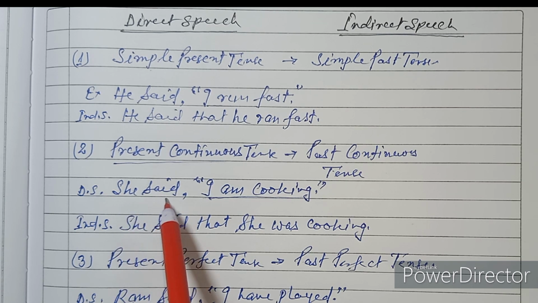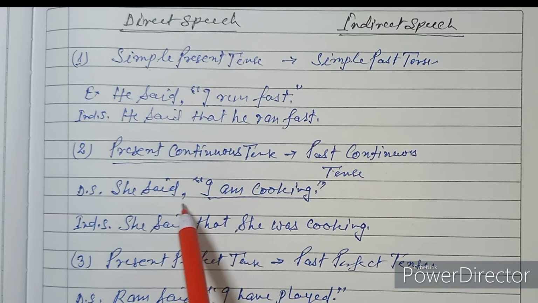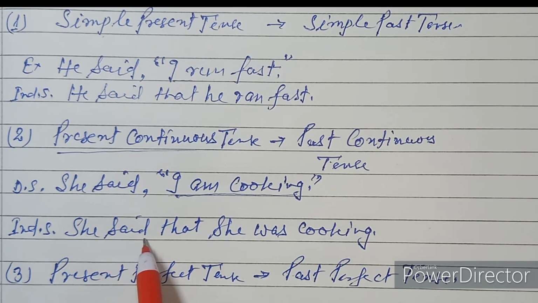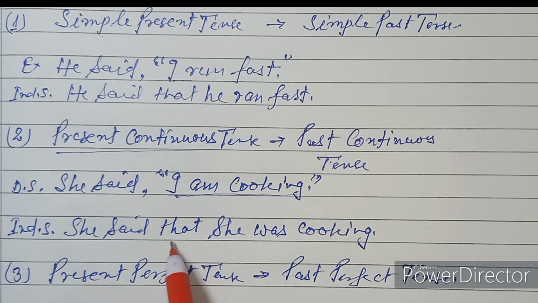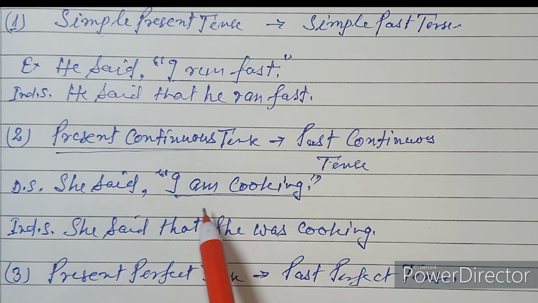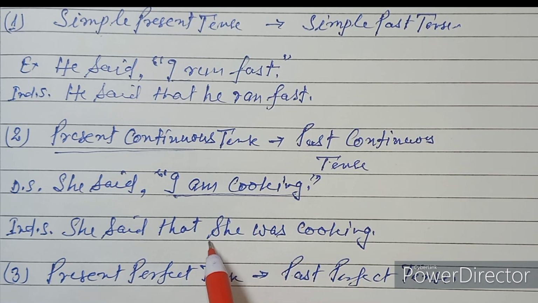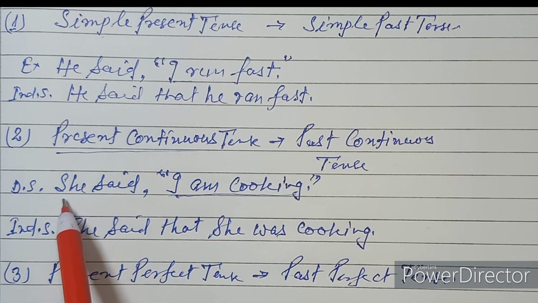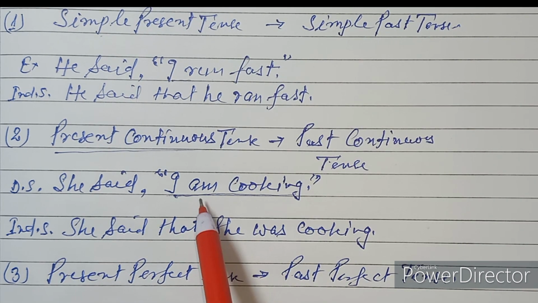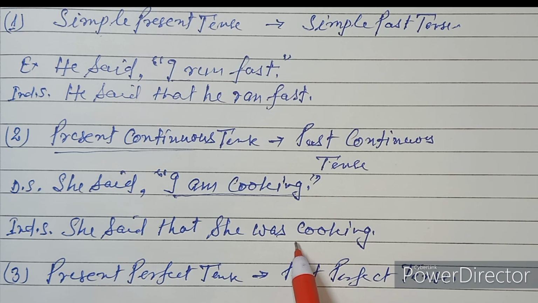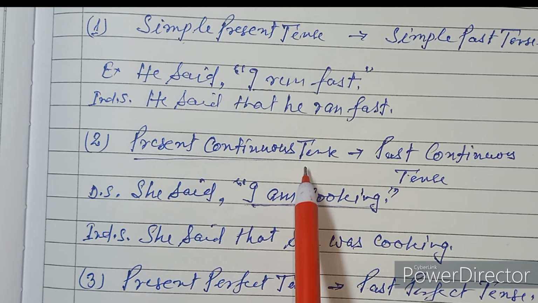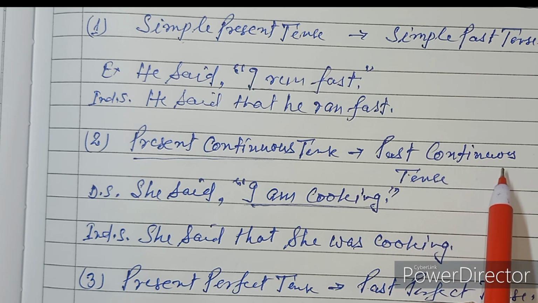She. She said, comma हटाने के लिए that. अब हम चेंज जब करते हैं तो she said को वैसे ही लिखेंगे और कॉमा को हटाने के लिए that का यूज़ करेंगे। उसके बाद present continuous tense will change into past continuous tense. Here I has changed into she according to subject of the reporting verb, and am has changed into was. Cooking is as it is. There is no change in cooking. Okay, so we know that present continuous tense will change into past continuous tense.